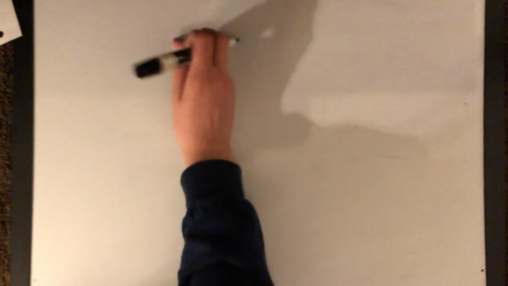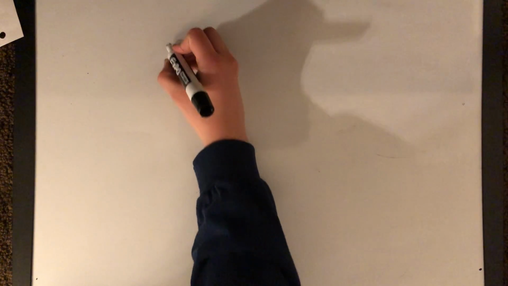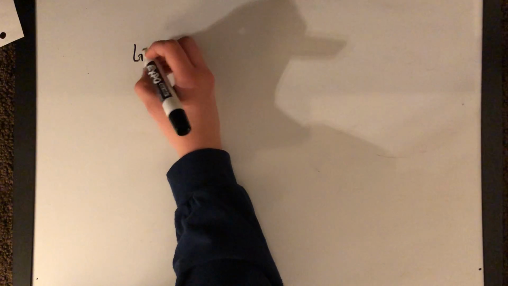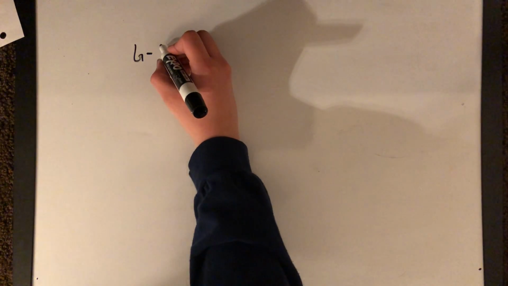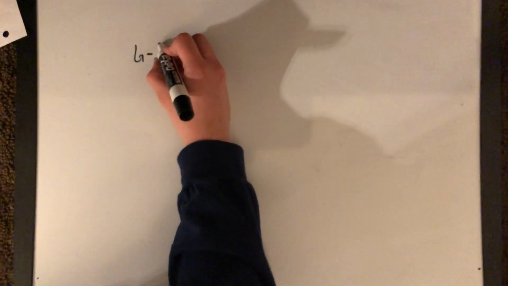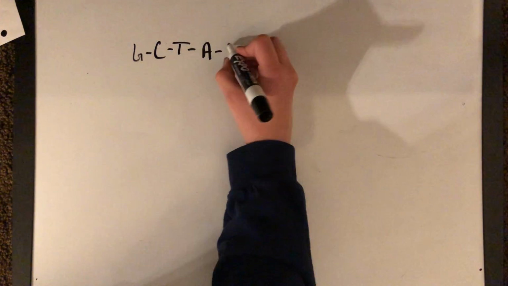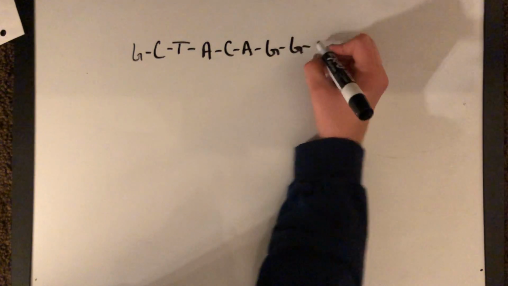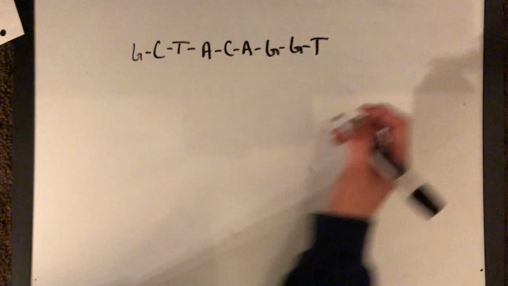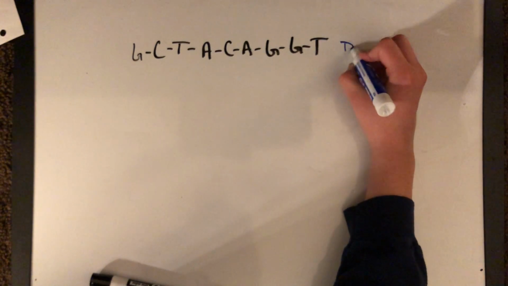So if we start out, we'll write our DNA coding strand first. So just a random assortment that I made up. Sorry, I gotta look at my paper. Okay. G, C, T, A, C, A, G, G, T. So this is gonna be our DNA coding strand.